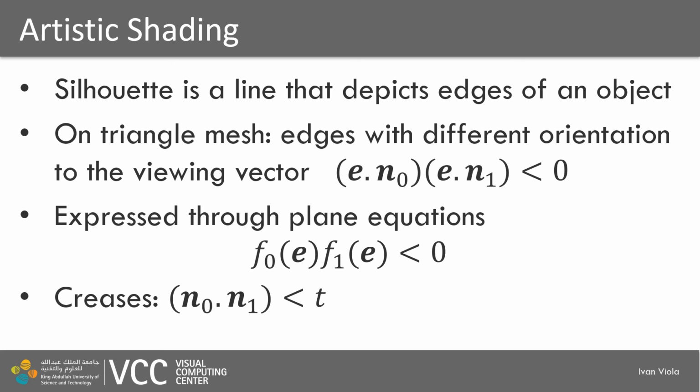So when do we draw a line if we are depicting certain objects? The line is typically drawn where the object is somehow bending away from the viewer. And this can be expressed, if we have a triangulated scene, by the relation between the viewing direction and the orientation of the triangles.